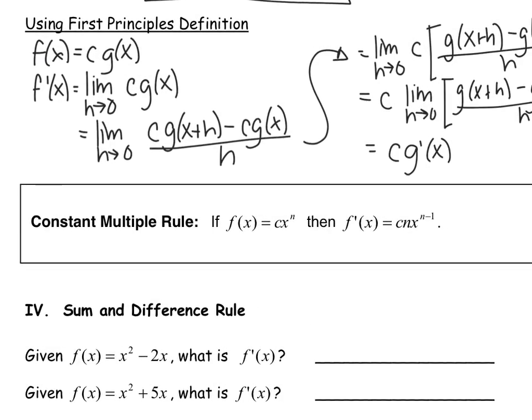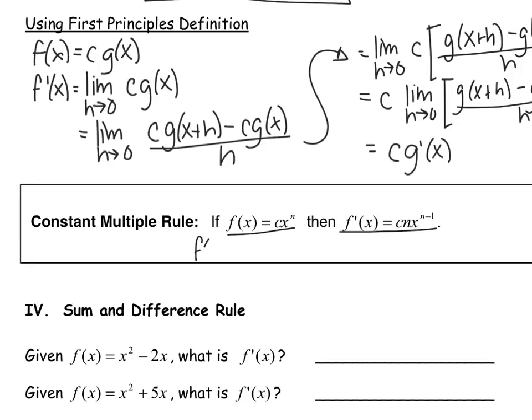So when we're looking at a polynomial function, we can write it like this. If I have a constant times x to the exponent n, then my derivative is equal to my constant times n times x to the exponent n minus 1.